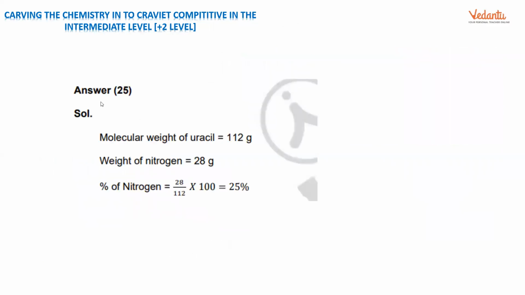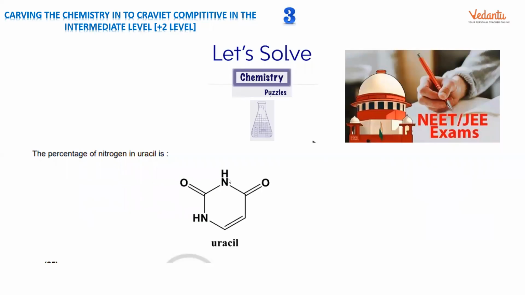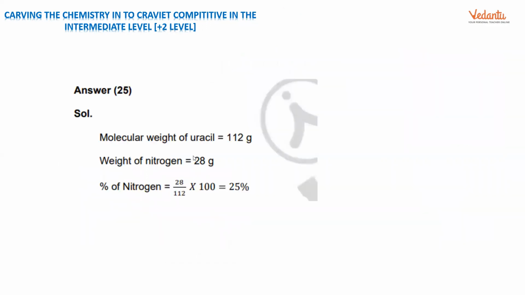In order to get the nitrogen percentage, the formula is: percentage of nitrogen is equal to the atomic weight of nitrogen divided by the total molecular weight of uracil, multiplied by 100. Here, if you see the molecule, you can find two nitrogen atoms. Each nitrogen has atomic number 7 and atomic weight 14, so two nitrogens give 28 as the weight of nitrogen.